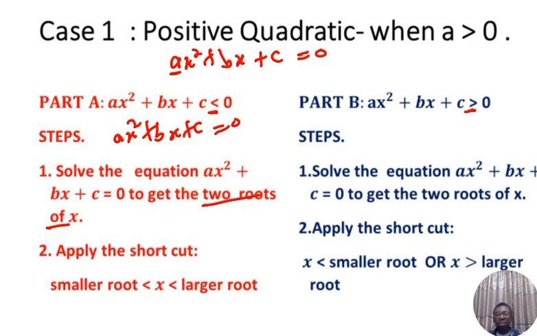Usually anytime you solve a quadratic equation, you have two answers. One will be bigger, one will be smaller. The bigger answer is called the larger root, while the smaller answer is called the smaller root.